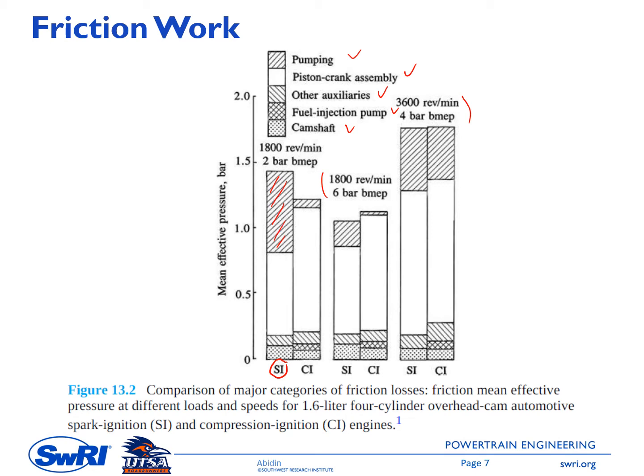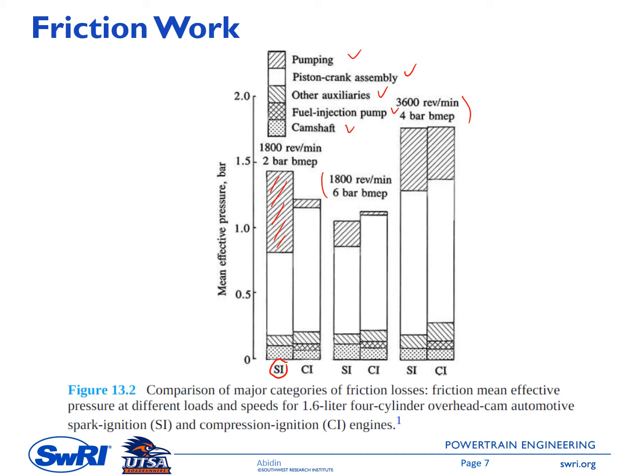So it has high pumping work losses here, and this is because of the naturally aspirated type engine. And then the piston crank assembly also has a decent portion here, which can be around 25 to 30%.